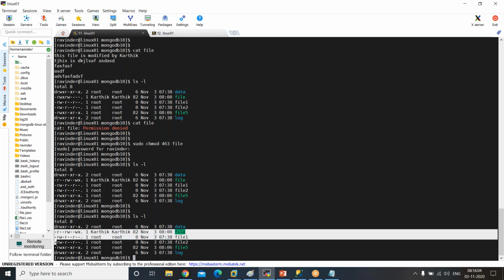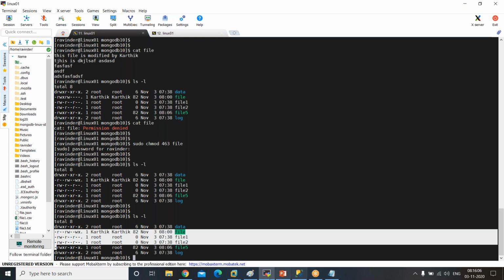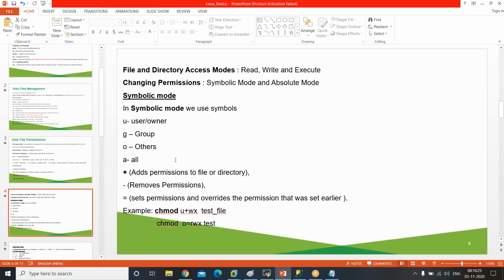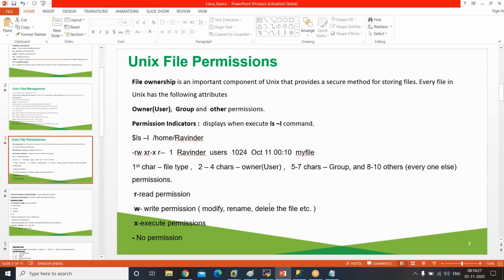Without a D, it means a file, which is just a hyphen. That is what it is talking about. The first character is the file type, either directory or file. Characters 2 to 4 are the owner, 5 to 7 are the group, 8 to 10 are others. R means read permission, W means write permission, X means execute permission.